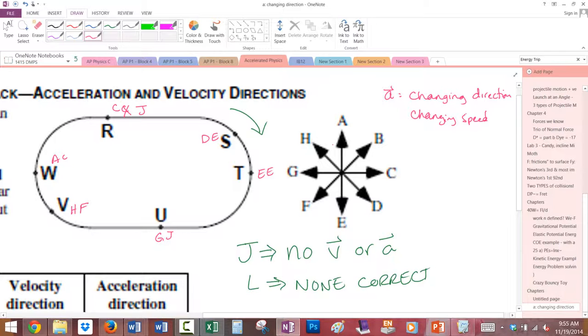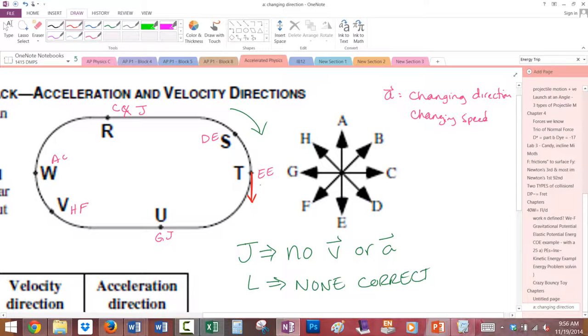If it's accelerating, that means there has to be a what acting? A push or a pull, a force. Where is the push or pull going? The velocity, we know, is going down like this. I want you to think about this.